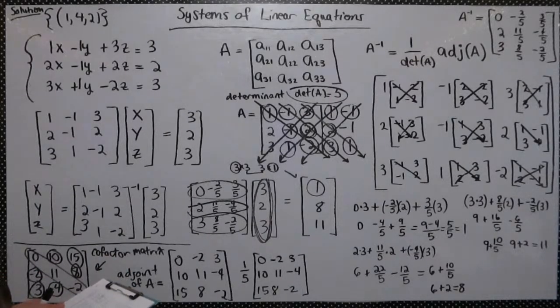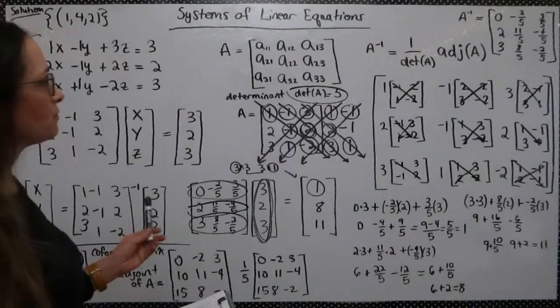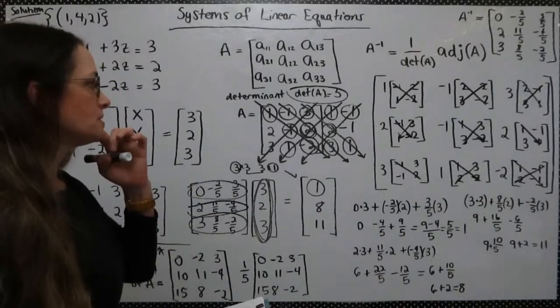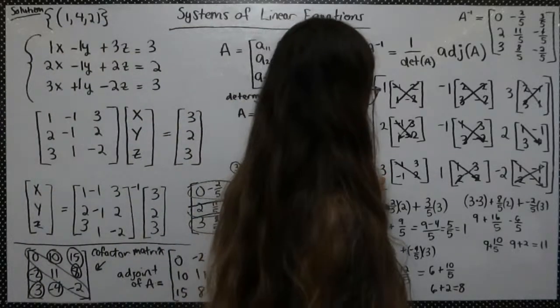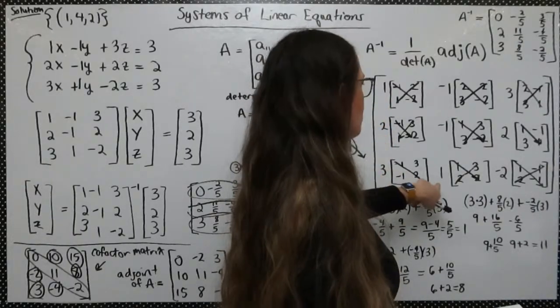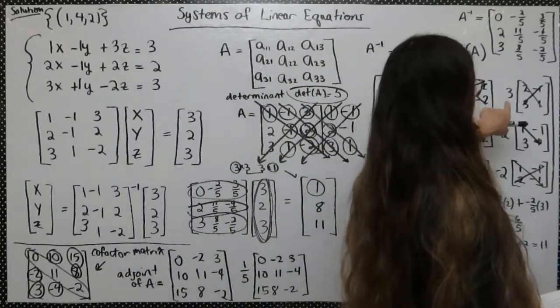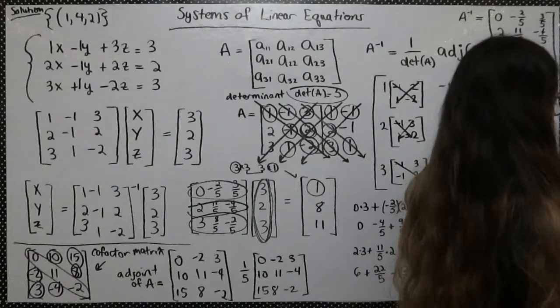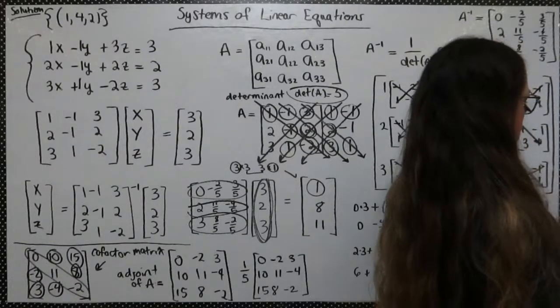So the first thing I wanted to check was this matrix of minors. I don't know why I did this, but it's because I watched a really quick YouTube video and they were doing it.